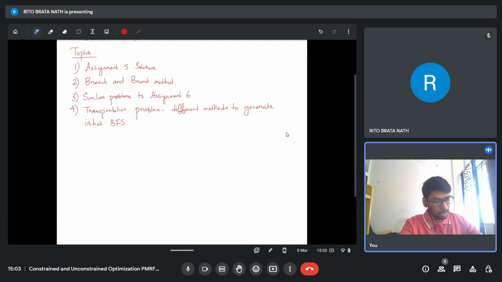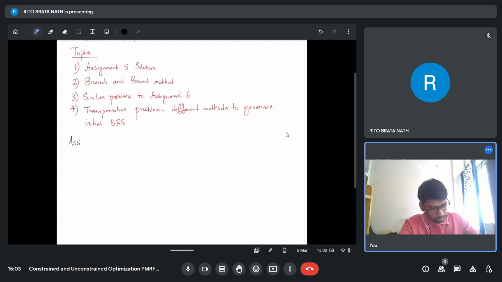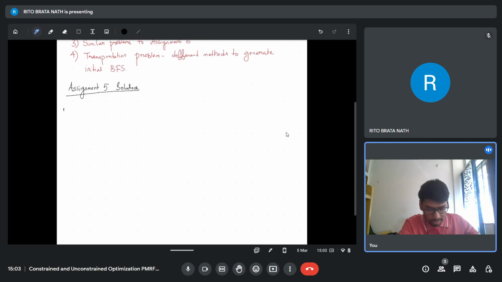So let me write down the first problem. The first problem tells you to solve this using the dual simplex method.